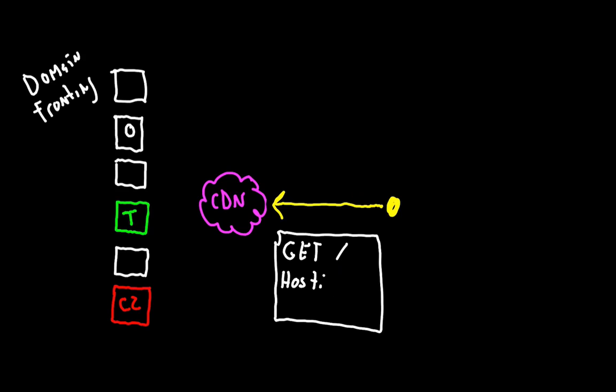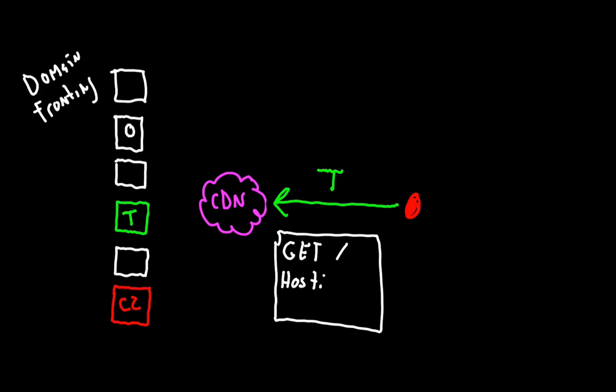So what you can do is configure your beacon payload so that when it's making an HTTP request, it is instead making a request to a highly reputable and trustworthy domain, T. But instead of having that highly reputable and trustworthy domain T as the host header, which is the default, you can override that.